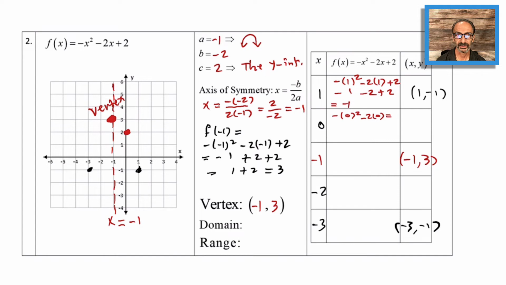0, you could plug it in, but it's known to be the y-intercept, see? So that's going to end up 0 plus 0 or minus 0 plus 2, which is 2, which is already marked on the graph.